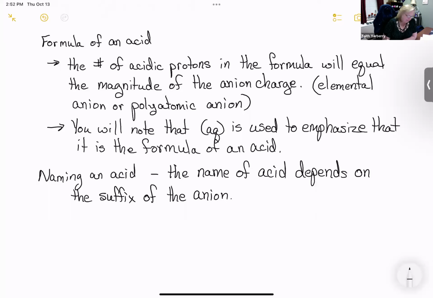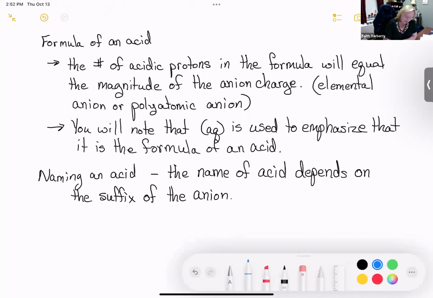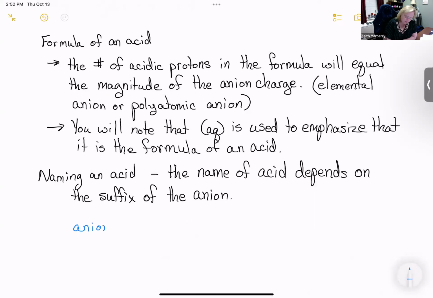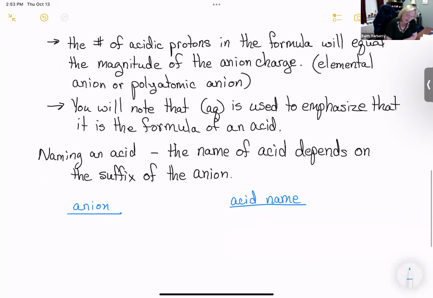What do I mean by that? If the anion ends in IDE, then you're going to use the prefix hydro followed by the root of the anion and ic acid.